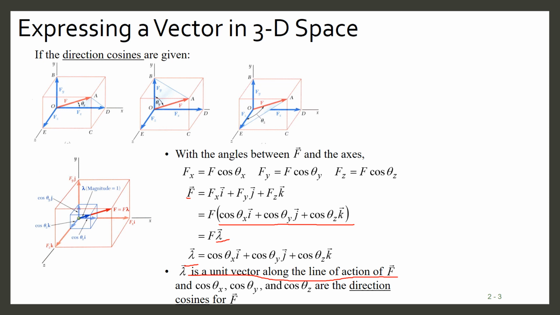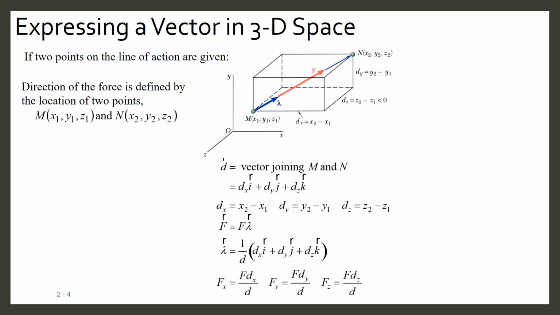In the same way, lambda is also a unit vector, but its direction is the line of action of F. And these cos theta x, cos theta y and cos theta z are the direction cosines for F. You will understand it more clearly when we solve some problems. Okay, let us move on.